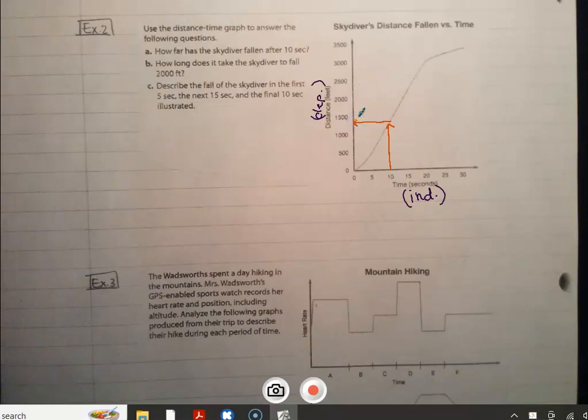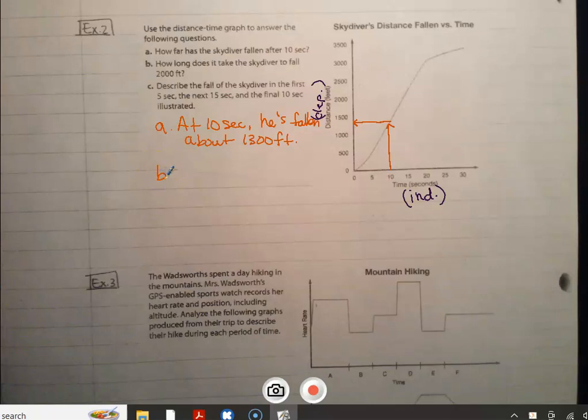What would you say that is? 10 seconds is about 1,300 feet. Okay, so A, we would say, at 10 seconds, he has fallen about 1,300 feet.